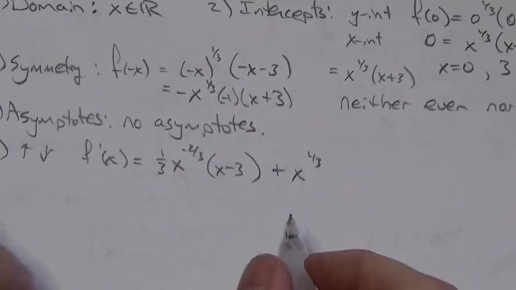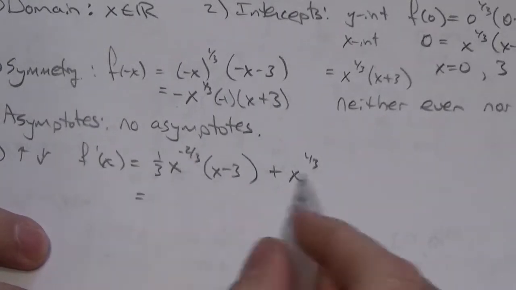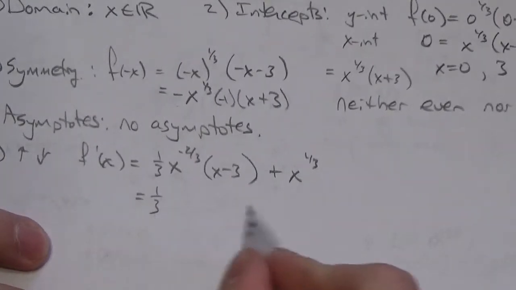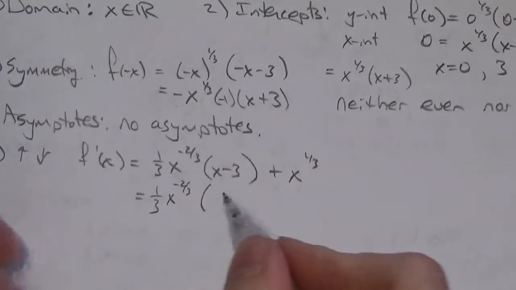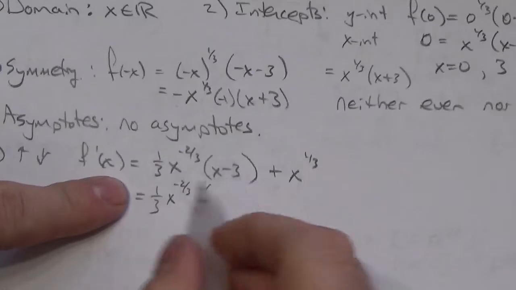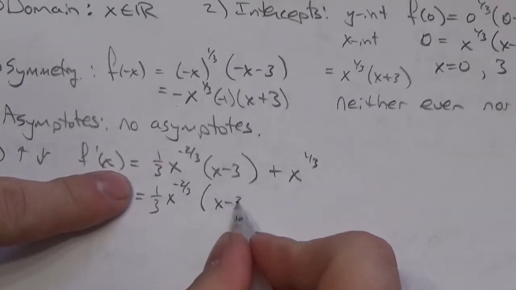plus x to the 1/3, and then the derivative of that x minus 3 factor is just going to be 1. Great. So now I'm going to factor this. I'm going to take out the 1/3, and I'm going to take out the x to the negative 2/3. That is going to leave me with, in this first expression, just this x minus 3.